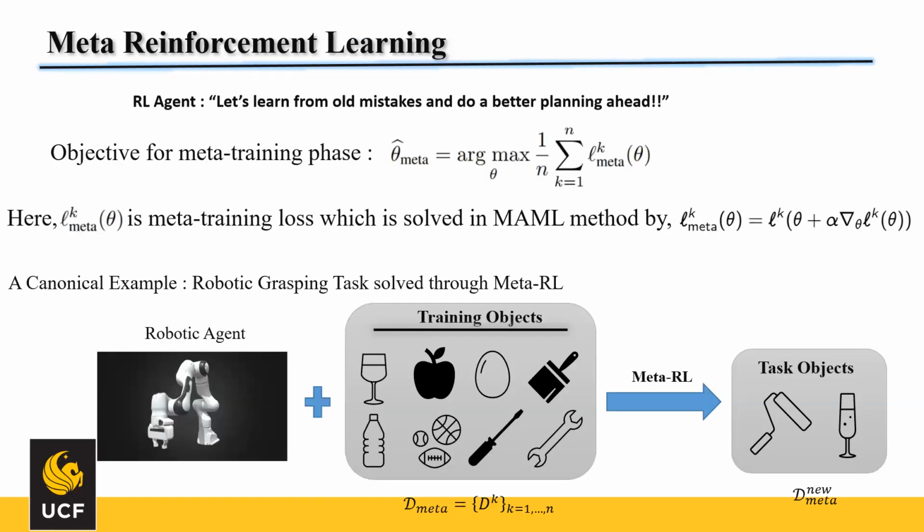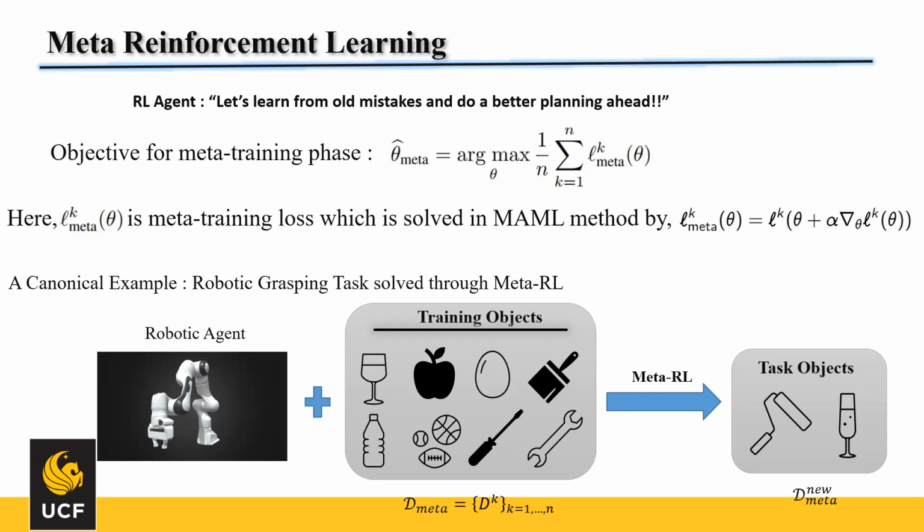So let's discuss meta-reinforcement learning first. The real motivation behind reinforcement learning is to learn from my old mistakes and do better planning ahead. In meta-reinforcement learning, we incorporate meta-learning with non-meta reinforcement learning. And instead of learning only one single task, we actually train a meta policy that can perform well on a class of tasks or a pool of tasks.